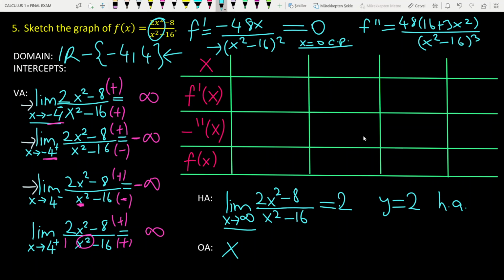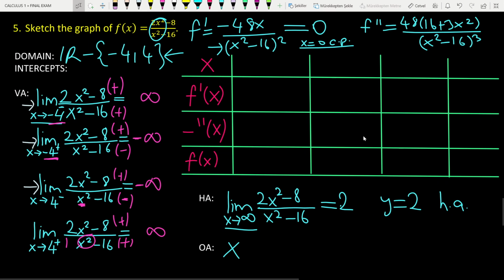What about inflection points? Do we have an inflection point? No, we don't have an inflection point. We have 2 points that make f double prime undefined, minus 4 and 4 again, but they are not in the domain of the function. This is why they cannot be inflection points.